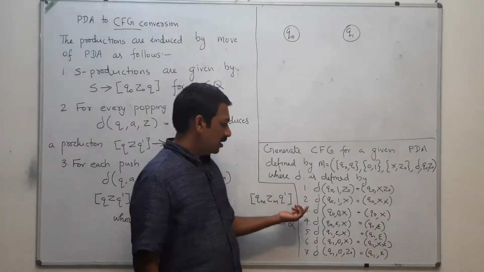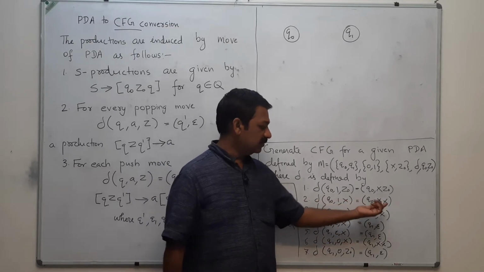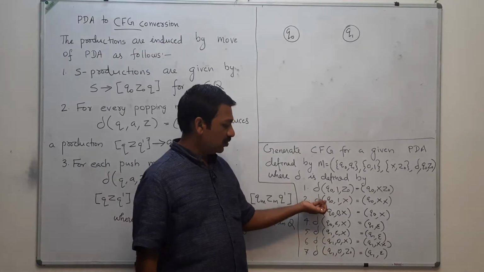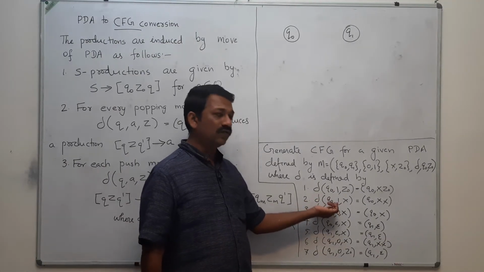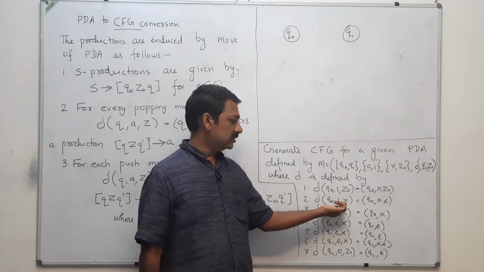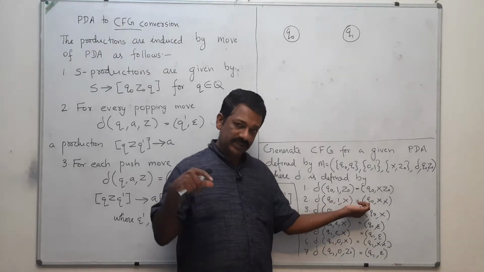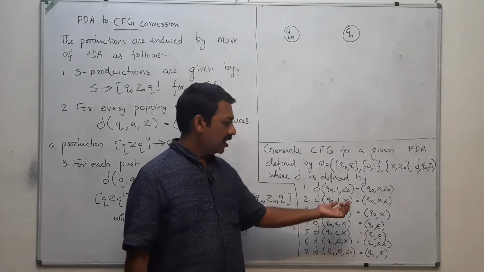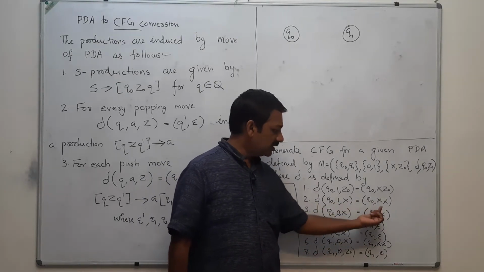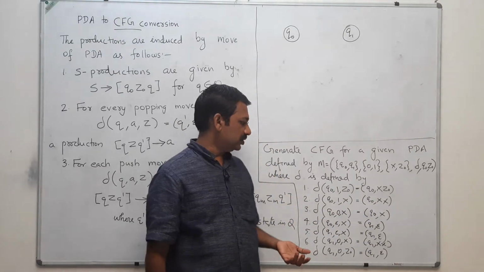Delta of Q0, 1, X equal to Q0, XX means if it is in state Q0, accepting the input 1, and the top of the stack contains X, then it stays in the same state Q0 and pushes X onto the stack. That is why this X is replaced by XX; after that X, one more X is pushed.